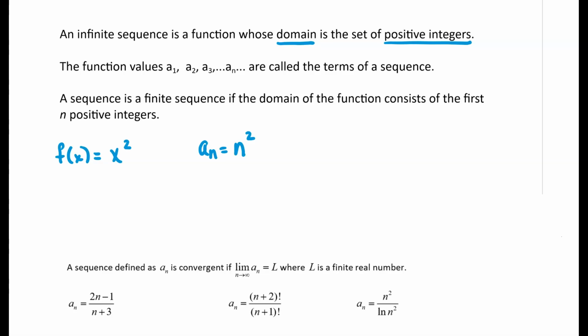So if I was to write out the first 5 terms of this sequence, a1 would be 1 squared, a2 would be 2 squared, which is 4, a3 would be 3 squared, which is 9, a4 would be 16, and last but not least, a5 would be 25. So you just put the ordinal numbers in, or the positive integers 1, 2, 3, 4, and 5.